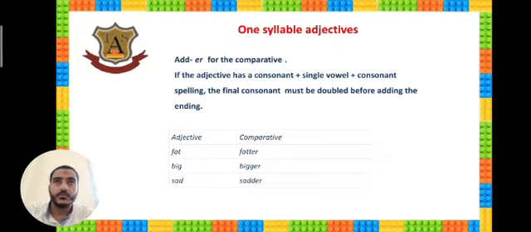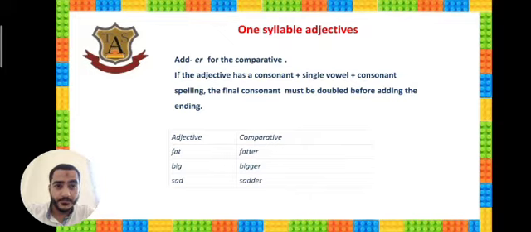So I will say my dress is redder than yours. Redder, R-E-D-D-E-R. We double the last consonant. Why? Because we have consonant, E vowel, D consonant.